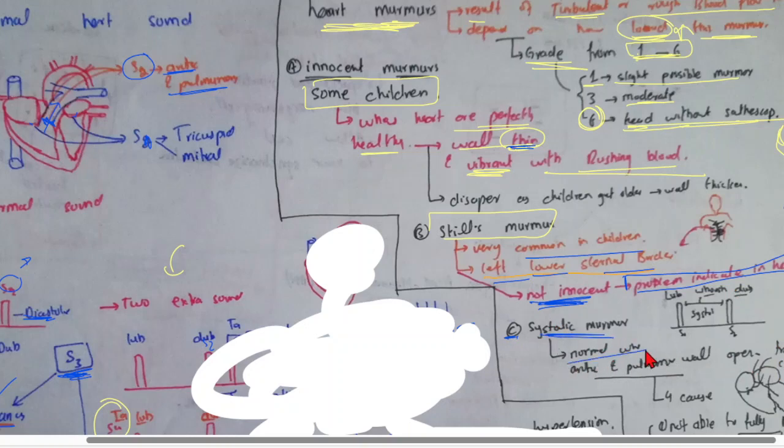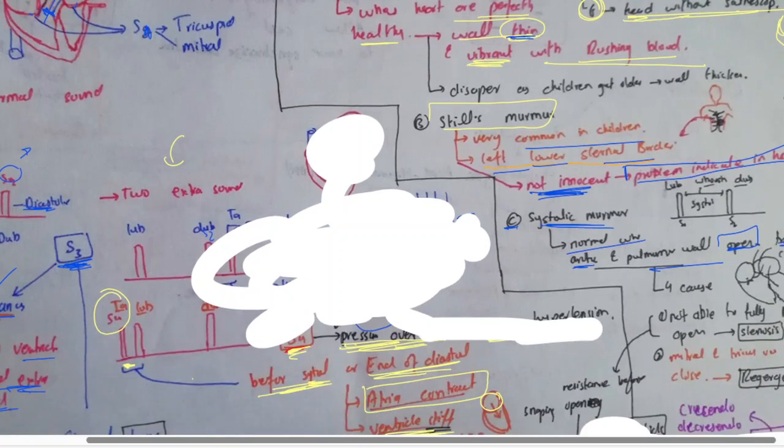Systolic murmur is normally heard when the aortic and pulmonary valves open. When the aortic and pulmonary valves open, a systolic murmur is produced. Why? This is when the tricuspid or mitral valve closes. So systolic murmurs are due to four causes.